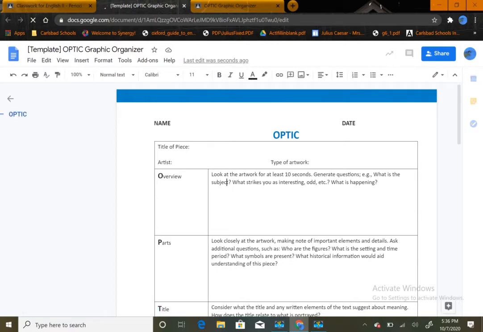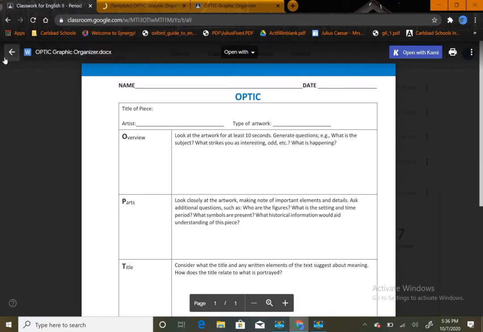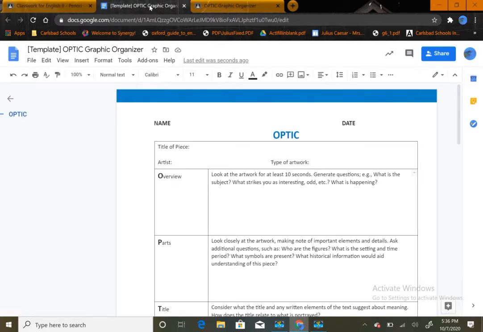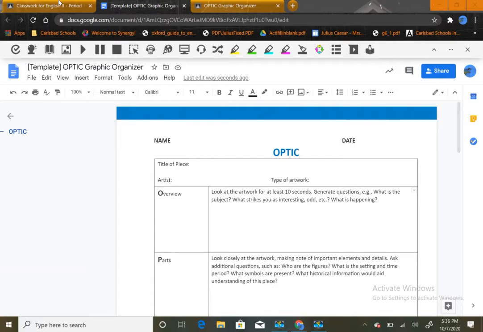So the way that this is filled out, one, I have to know the picture that it's talking about, because in the instructions it states you will use the graphic organizer for Frida Kahlo's assignment, activity 1.6. So in order to do that, I need to be able to look at activity 1.6.